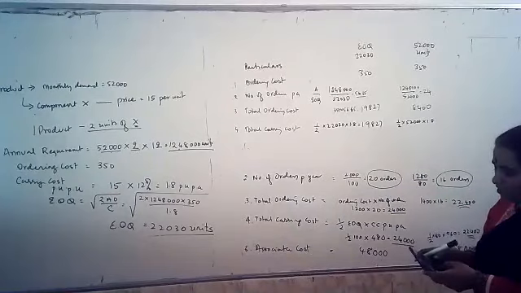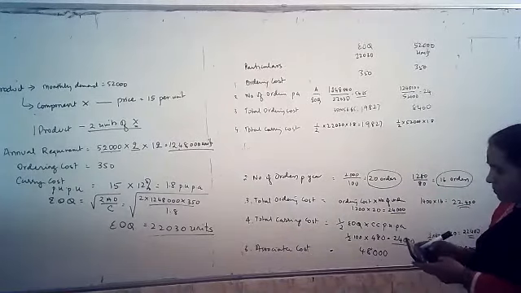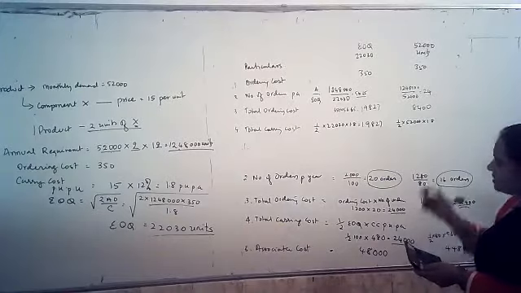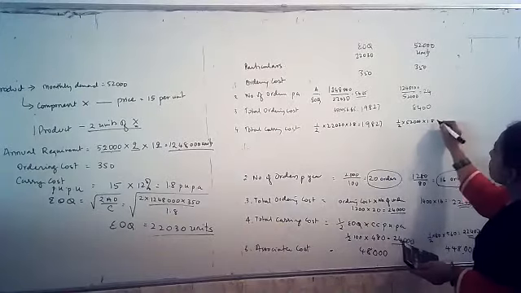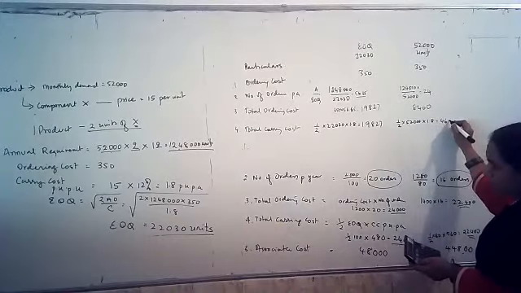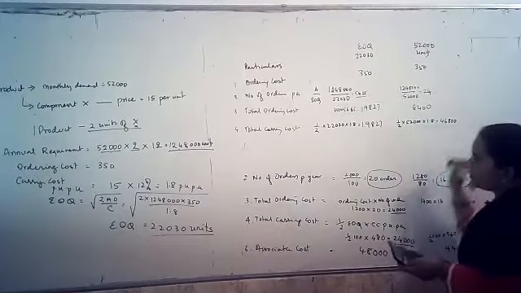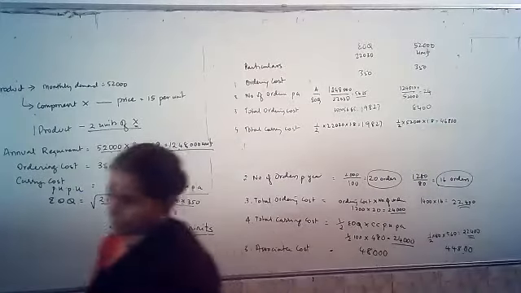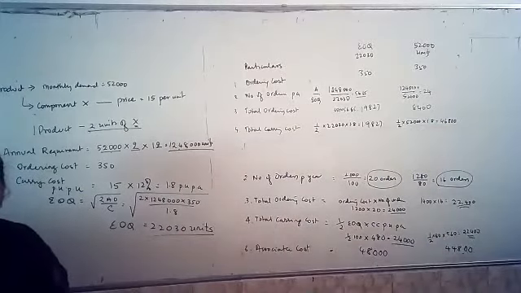So it is 52,000 divided by 2 multiplied by 1.8. This is 46,800. 46,800 is the total carrying cost.